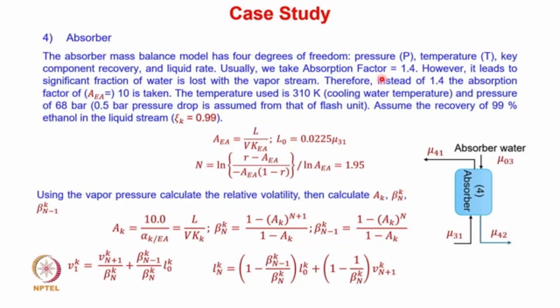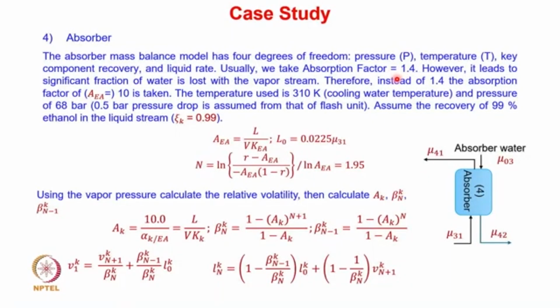A typical value of absorption factor used is 1.4, but with 1.4 the amount of liquid required is very small, and the fraction of the liquid which vaporizes and goes along with the vapor becomes significant. That may lead to a variation in temperature, and we want isothermal temperature in the absorber. Because of that, we want a higher liquid rate.